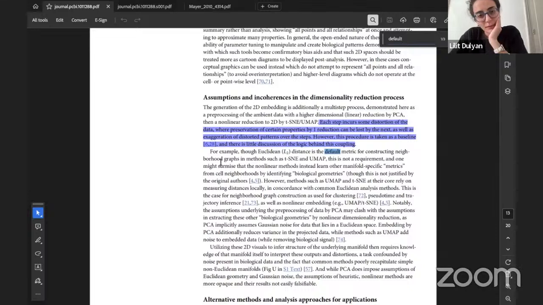But here it says that, for example, the Euclidean distance is the default metric for constructing neighbor graphs in methods such as t-SNE and UMAP. So, as I understand, mathematically speaking, they use Euclidean distance for this. I really don't know so much under the hood if it is mathematically plausible. I think it's more a question for a mathematician.